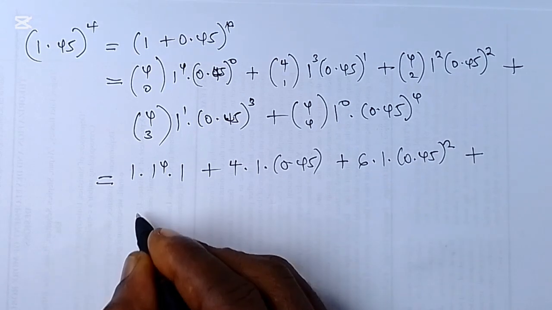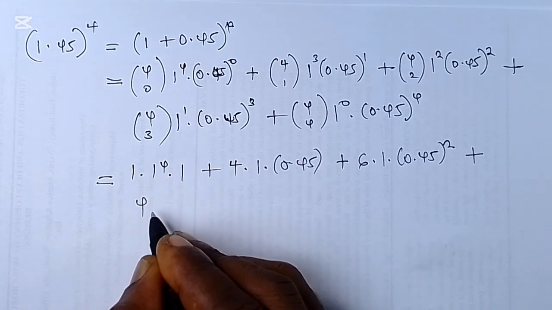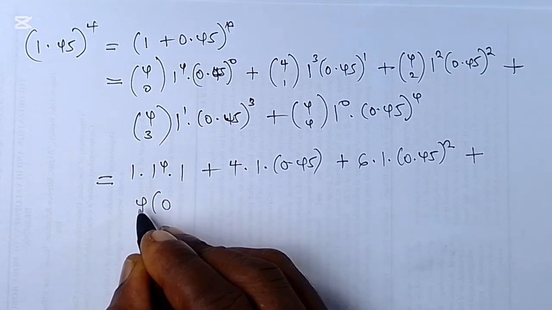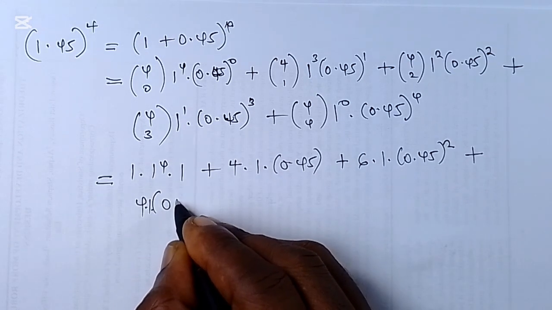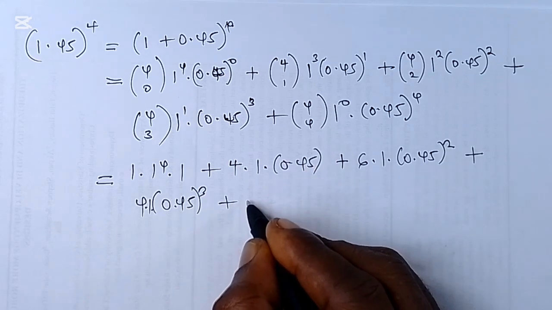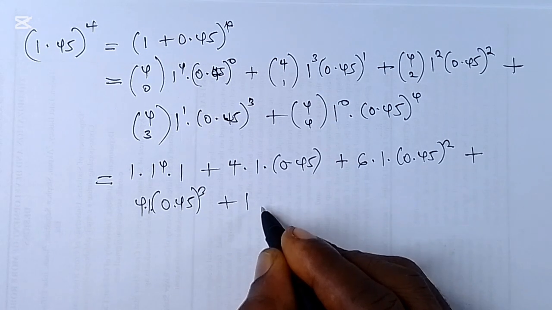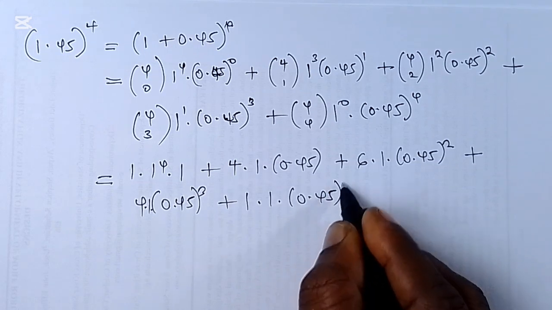Okay, plus 4 combination 3 will be 4 combination 1 short of itself, which is 4, and that will be 4 times 1 raised to the power 1, which is 1, times 0.45 raised to the power of 3, plus 4 combination 4 is 1, times 1 raised to the power 0, which is 1, times 0.45 raised to the power 4.